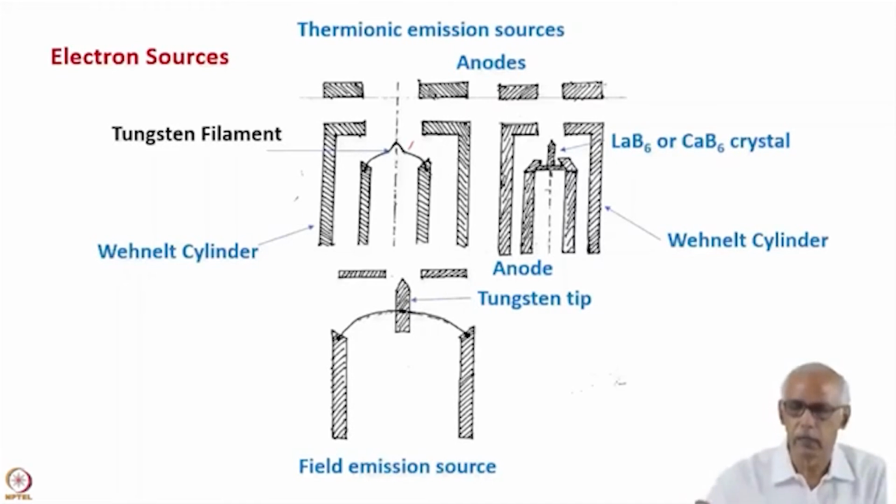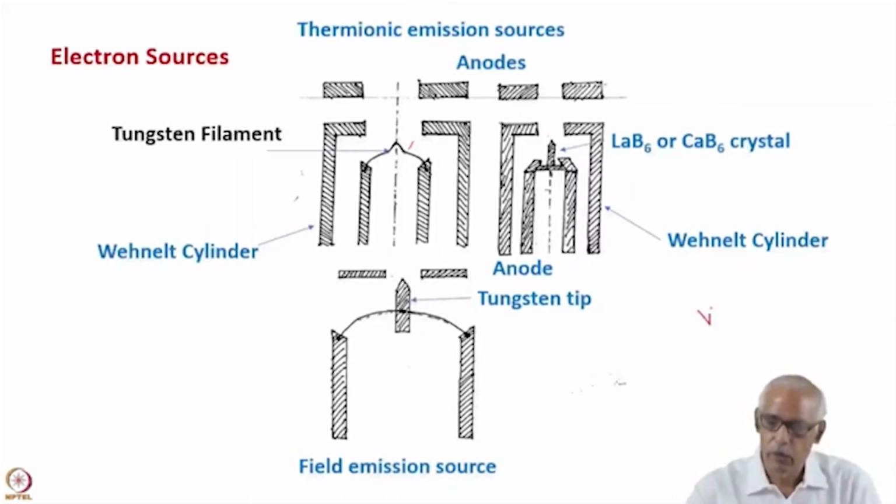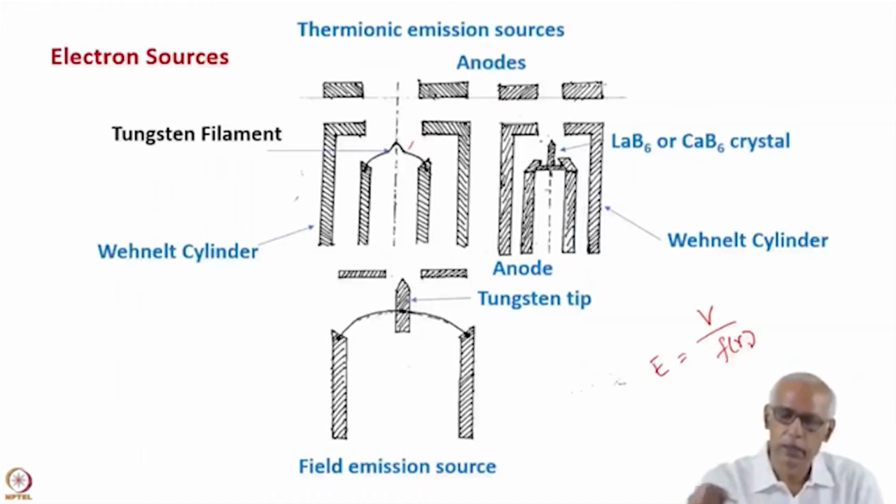Another way of doing it is that you have a sharp point here, and apply a voltage. Then the gradient is inversely proportional to the tip radius. So since the radius is almost like zero, the field will be very high.